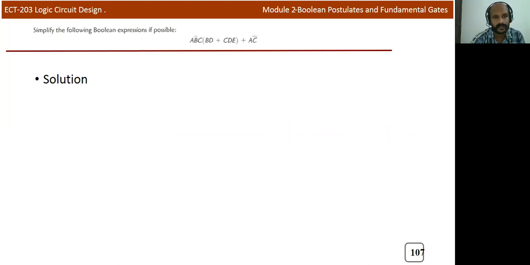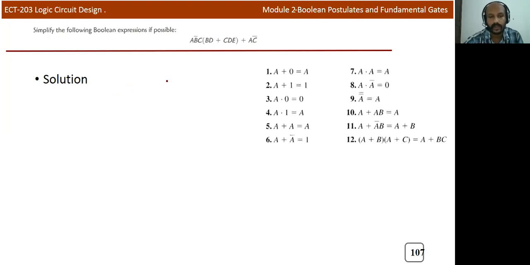Now we'll discuss another question, and now we can see it is a b bar c into bd plus cde plus a c bar. So I can multiply this, or I can apply distributive law, a b bar c into bd.